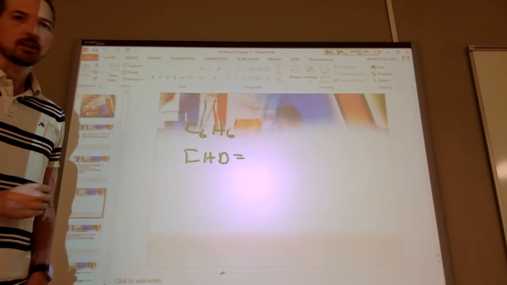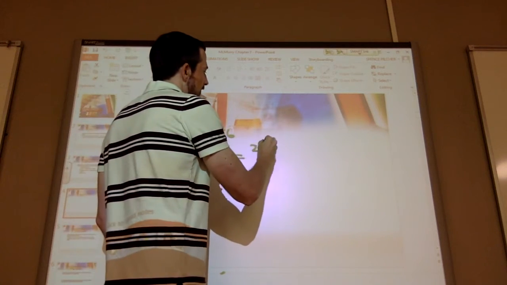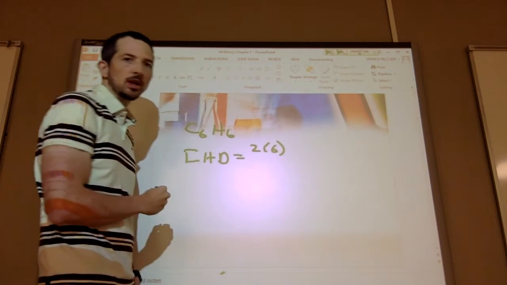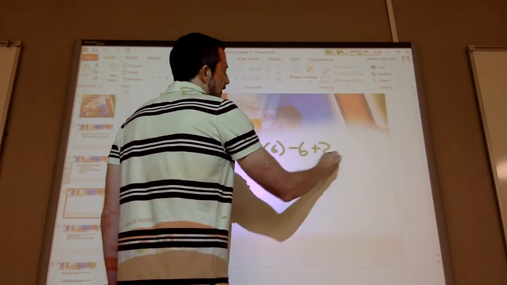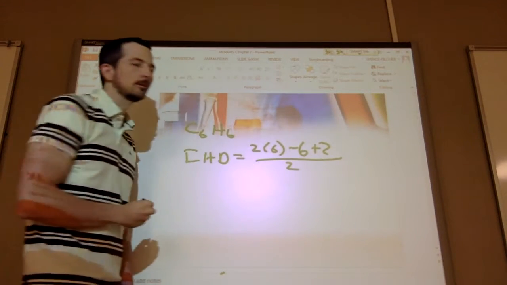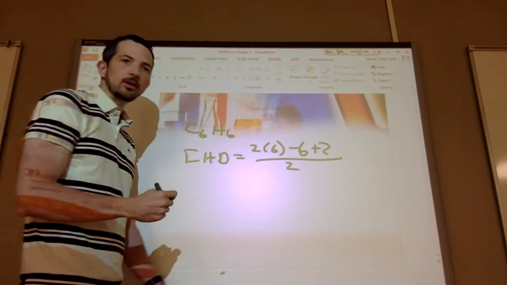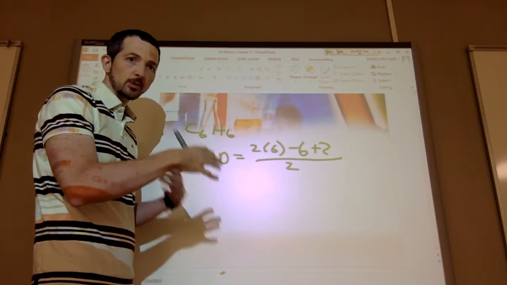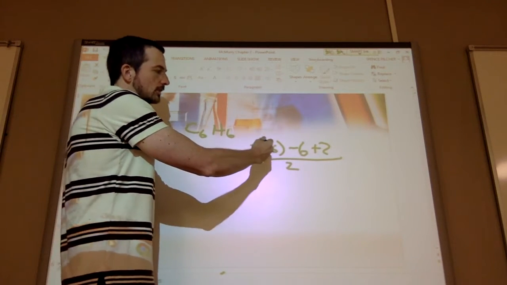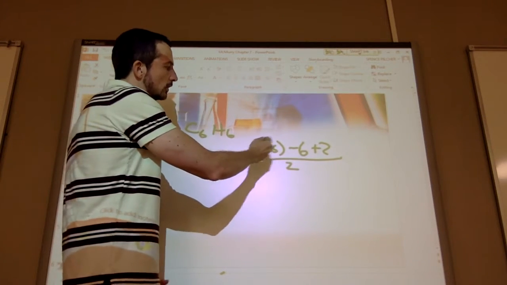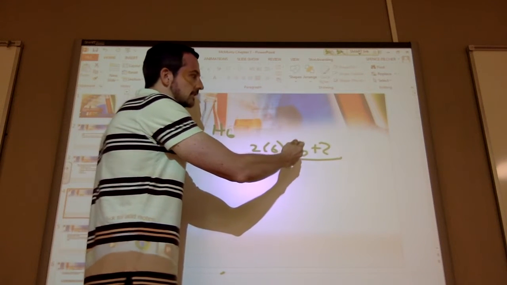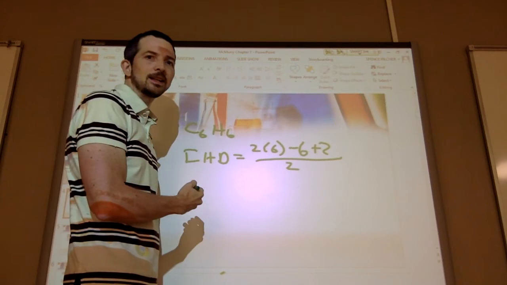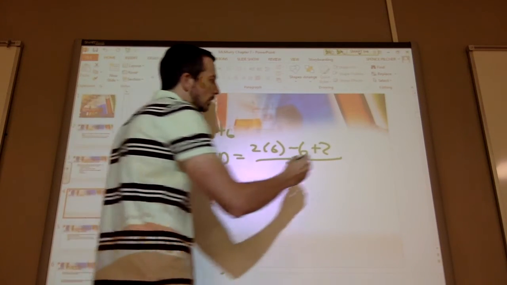So the IHD there should be twice the carbons, so 2 times 6, subtract hydrogens, plus 2, divided by 2. So remember your hierarchy, you do multiplication and division first, then addition and subtraction, going left to right. So 2 times 6 is 12. 12 minus 6 is 6, 6 plus 2 is 8, 8 divided by 2 is 4.